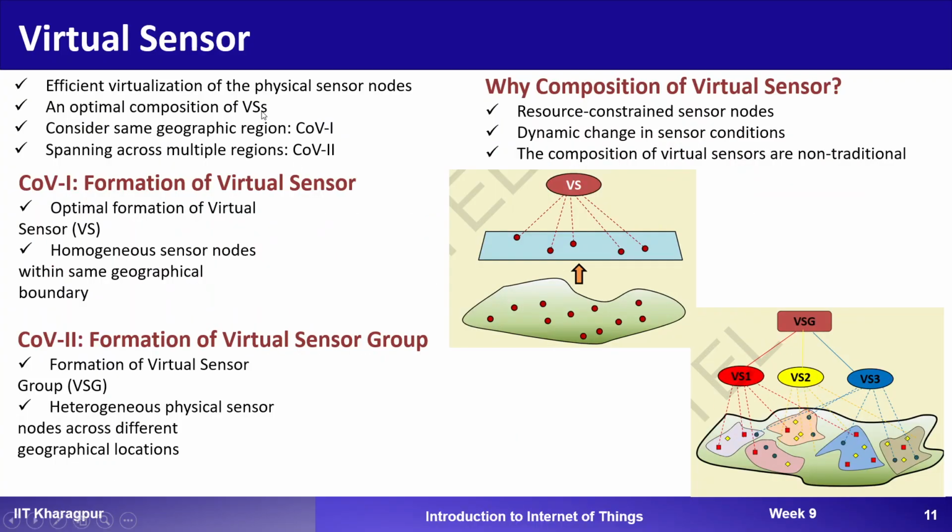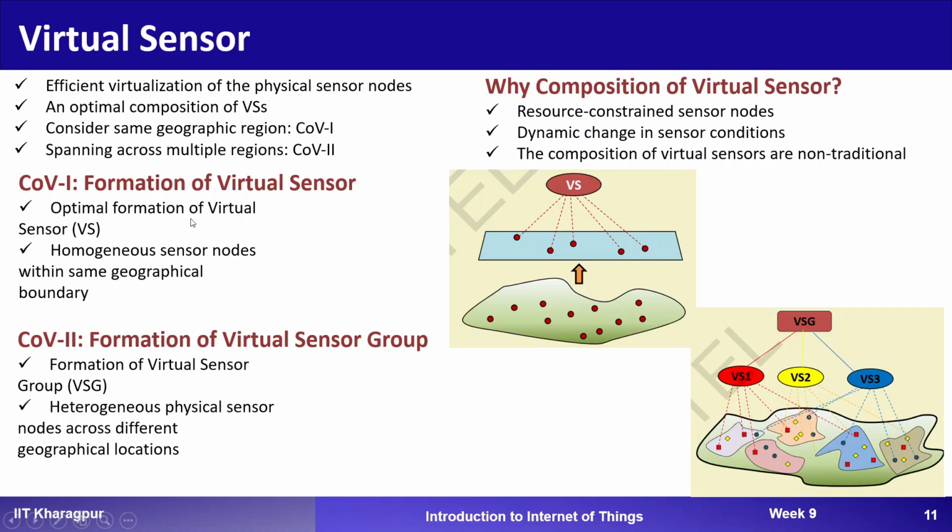In order to consider the efficient virtualization of physical sensor nodes and optimal composition of virtual sensors, there are two scenarios. First, all the sensors lie in the same geographic region, and second, the sensor nodes are spread across multiple regions. First, we'll consider the first scenario to form a virtual sensor.